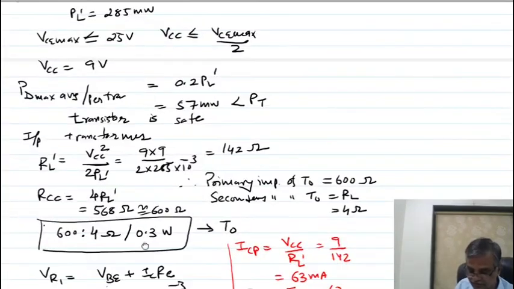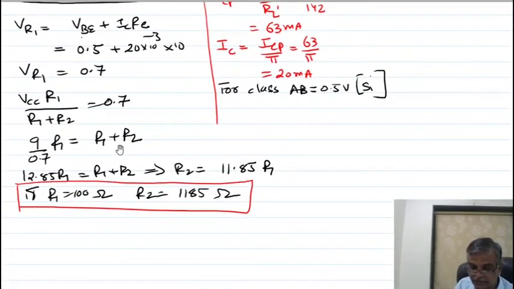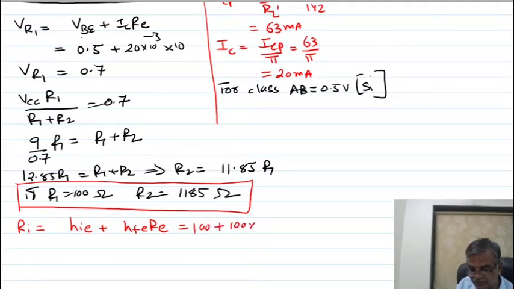Now let us calculate Ri. Ri you know, for an unbypassed, this is the equation. This is your 0.1 kilo ohm. This is 100 into 10.